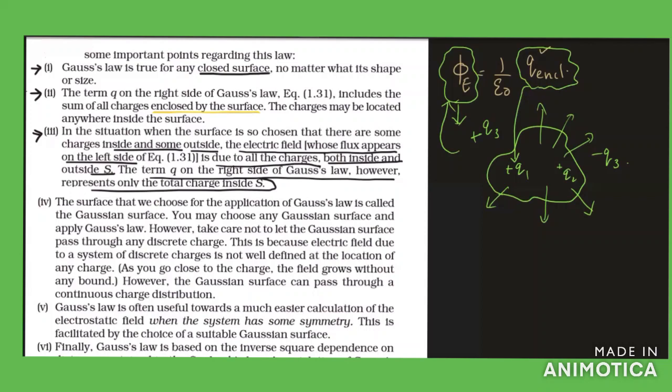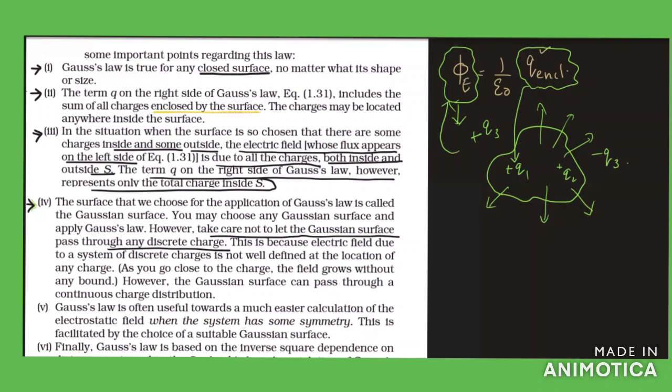Now the surface that we choose for the application of Gauss law is called the Gaussian surface. You may choose any Gaussian surface and apply Gauss law. However, take care not to let the Gaussian surface pass through any discrete charges. There cannot be any discrete charges on the surface.